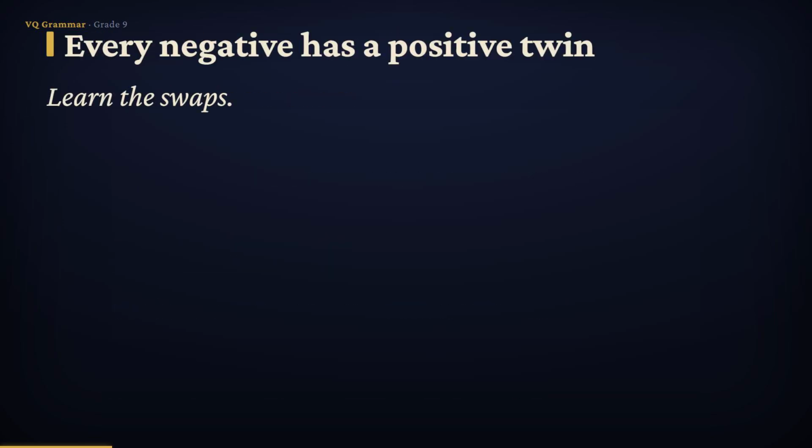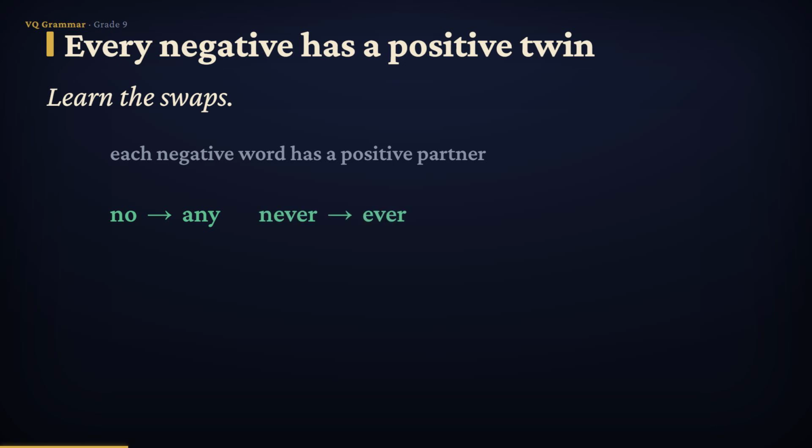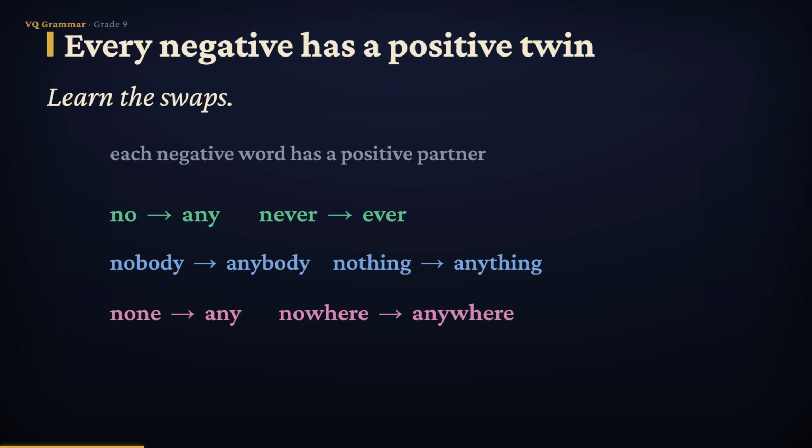Here's the good news. Fixing a double negative is easy because every negative word has a positive twin waiting to take its place. No becomes any. Never becomes ever. Nobody becomes anybody. And nothing becomes anything. None becomes any, and nowhere becomes anywhere.